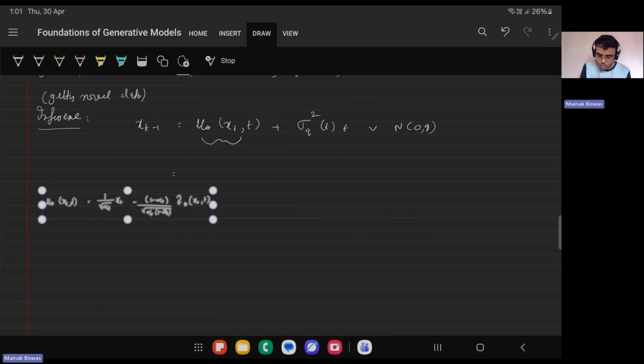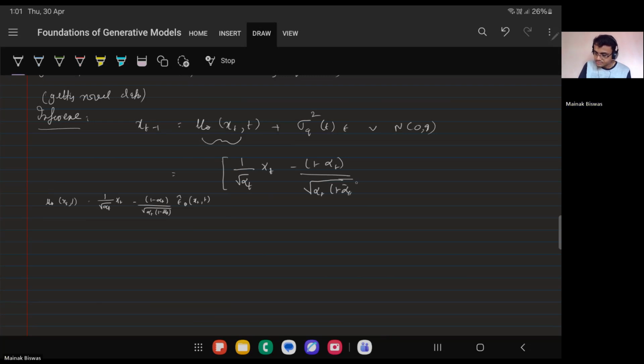So this is already known to us. And therefore I can write this as 1 by root alpha t times xt minus 1 minus alpha t over root of 1 minus alpha t bar times epsilon theta of xt comma t, plus sigma q square t.